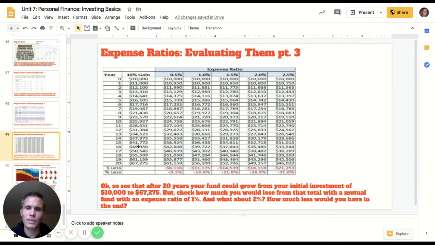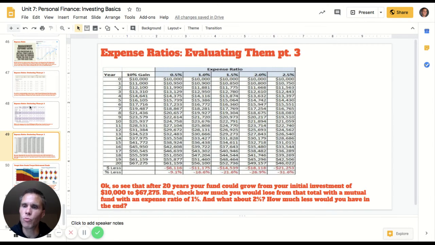If you get a 10% gain, okay, no expense ratios involved, over your investment of $10,000, at the end of that 20-year time, you'll have $67,000. But with that same $10,000 over this period of 20 years, with a 0.5% expense ratio, you'll only make $61,000.